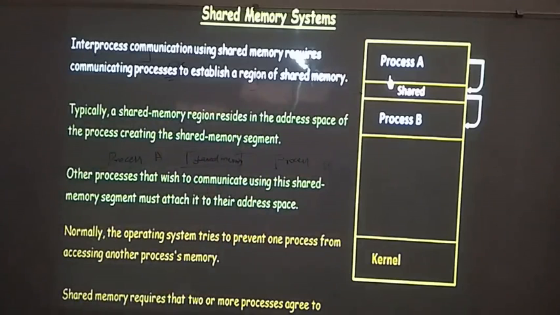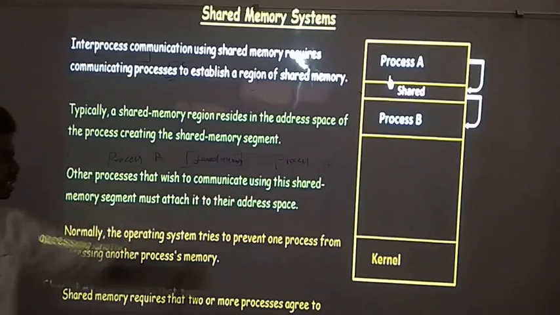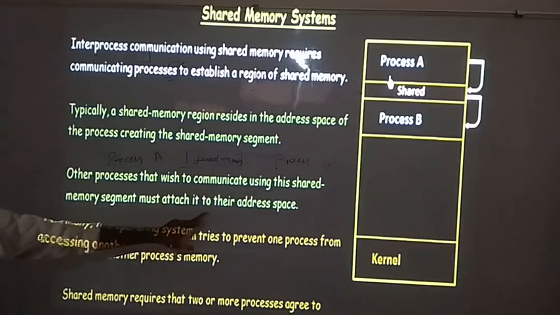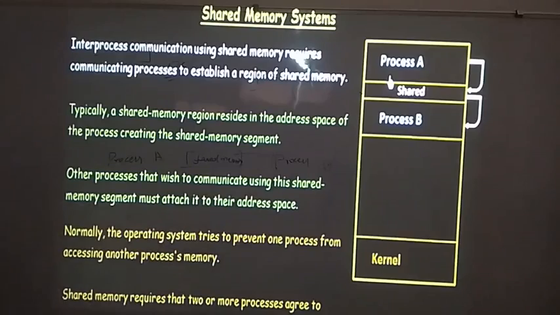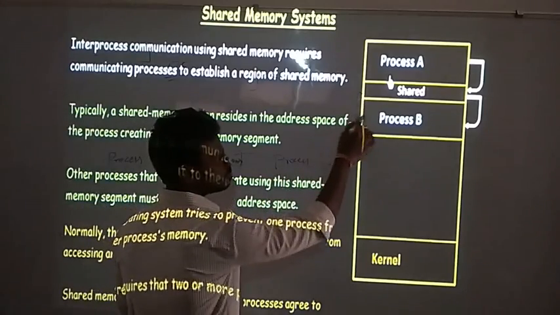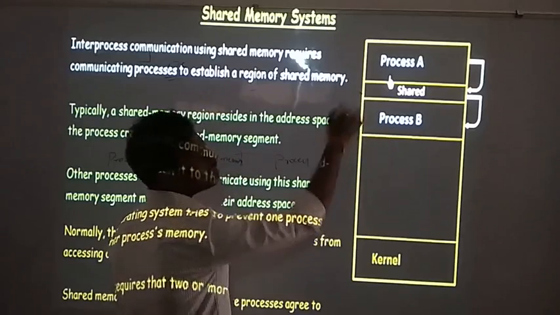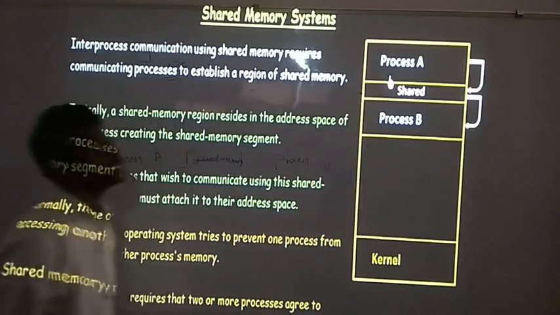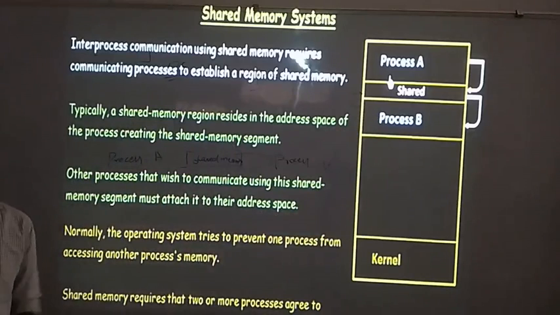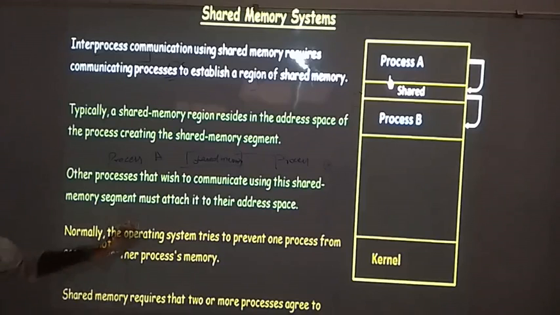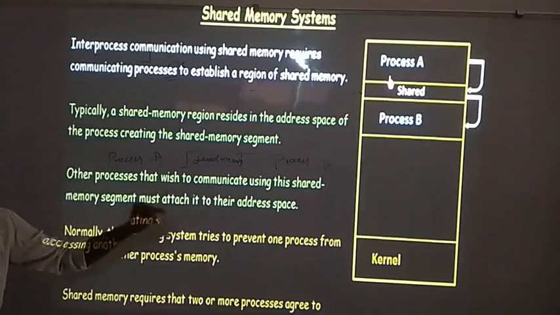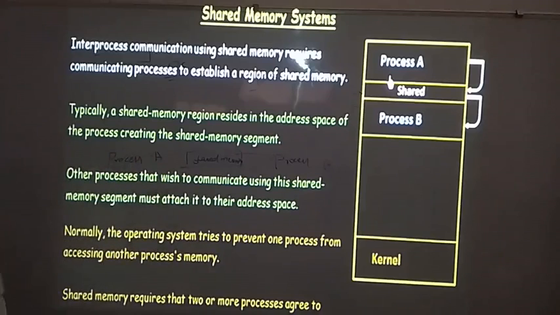Now the other process that wishes to communicate using this shared memory must attach it to its address space. It must be attached to process B also, so that it can share the data from process A, and both can communicate in order to complete their execution. This is how we create the shared memory and utilize it.